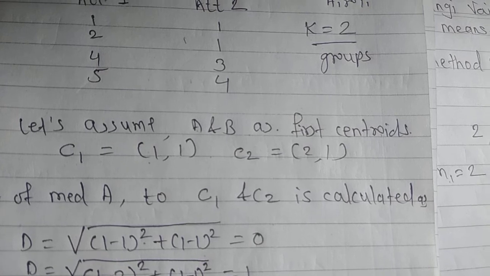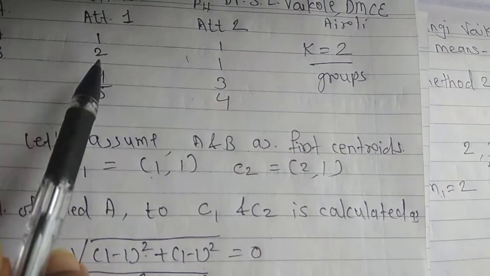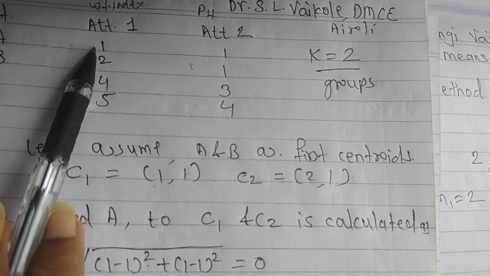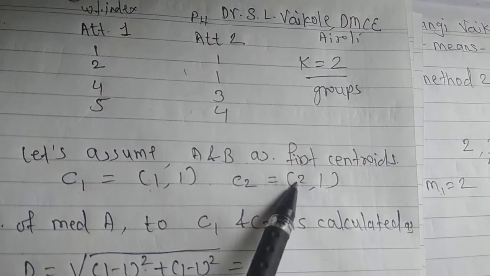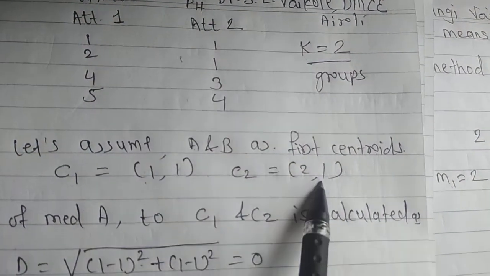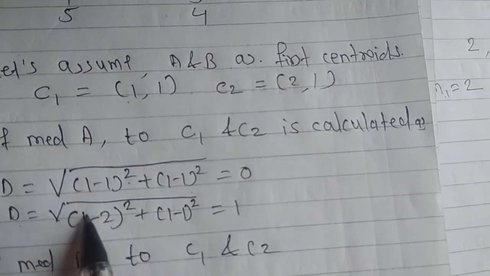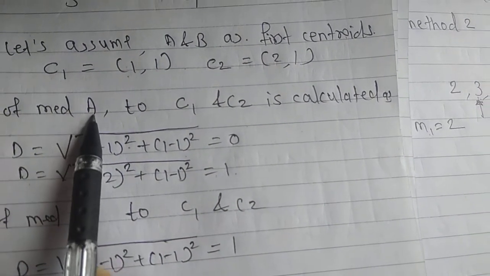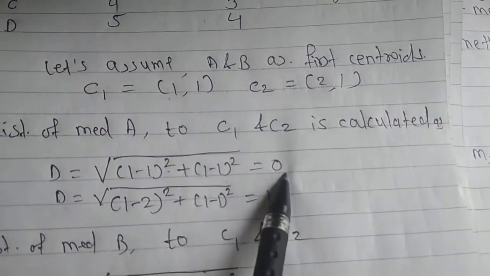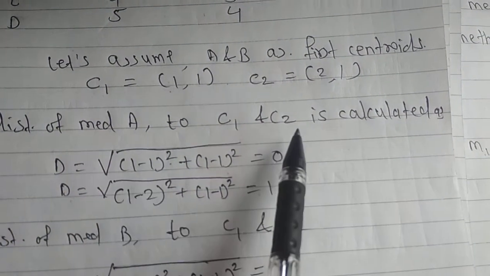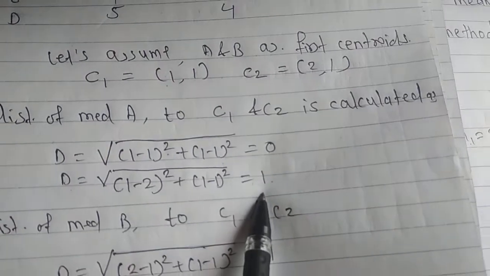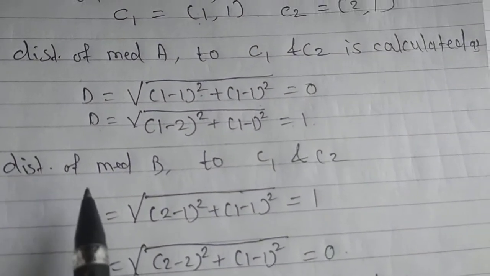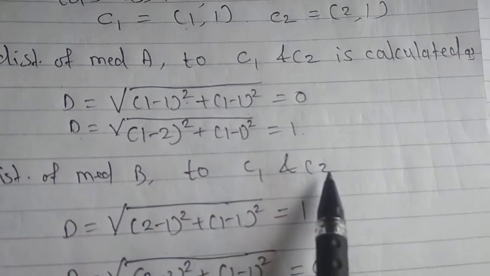Similarly for C2, it is the square root of (1 minus 2) squared plus (1 minus 1) squared, which is equal to 1. So the distance of medicine A from C1 is 0 and from C2 is 1.